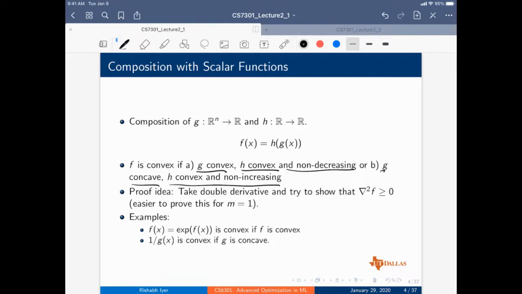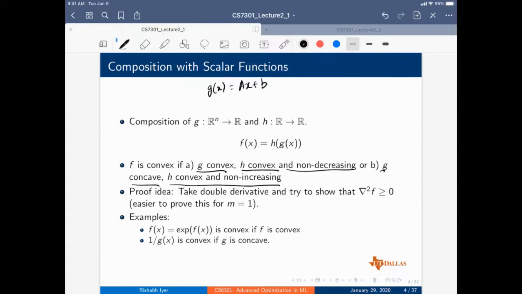Okay. So one such special case is in fact the affine function case. Because in the affine function case, you have g of x to be Ax plus b, which is this affine function. And here we do not require any extra property on h. We just require the convexity of h, and this will ensure the convexity of f.